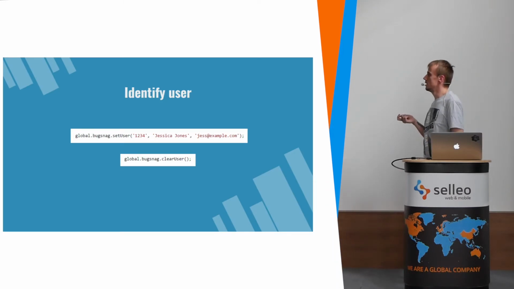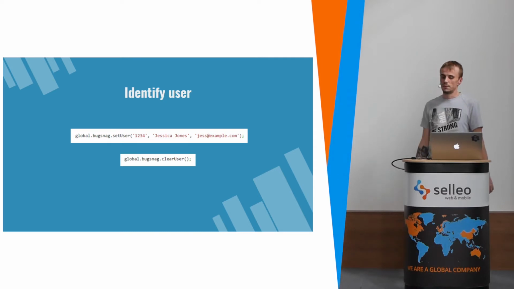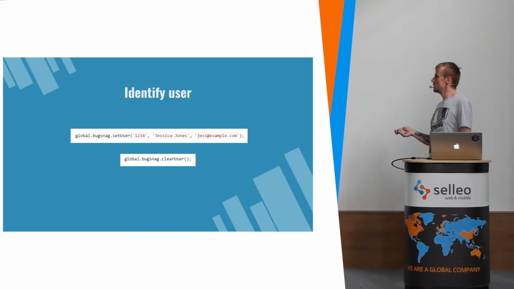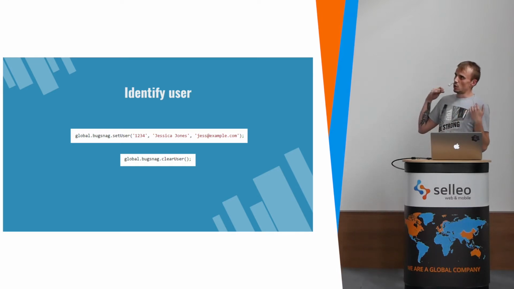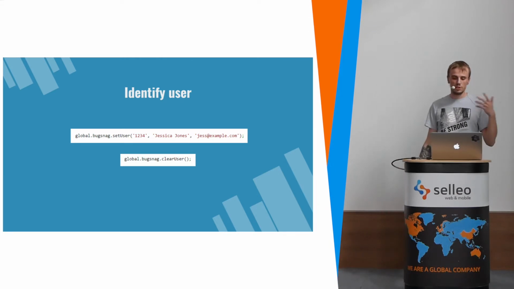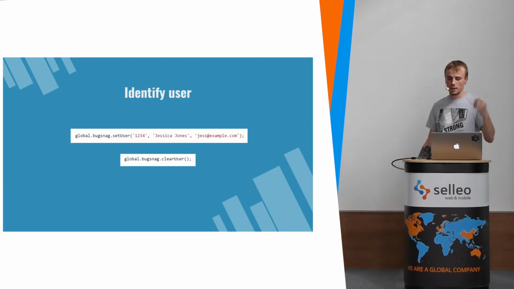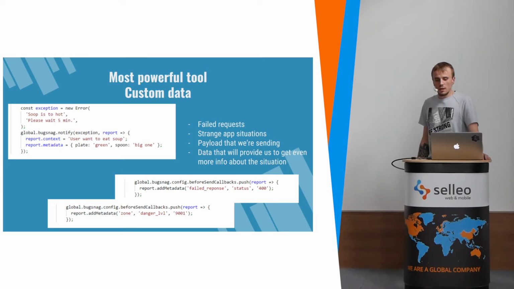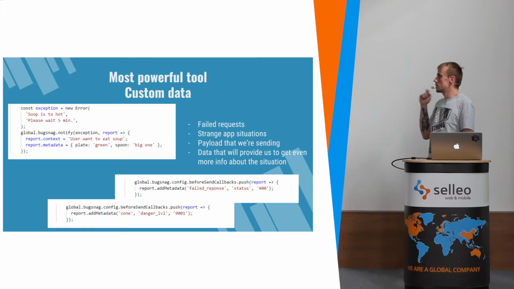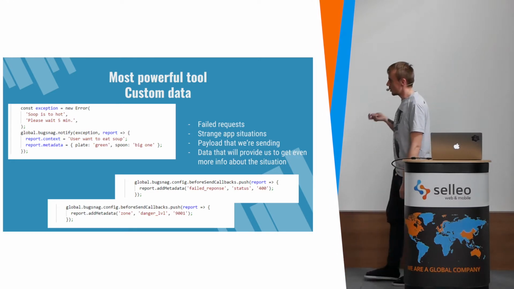Okay, we can also identify users because, for example, in our app we have registration, login, and stuff like this. So if you open Bugsnag and see the error, you can see that this is Jessica Jones and this is her email. But the most powerful tool, I think, is adding custom data to the errors.